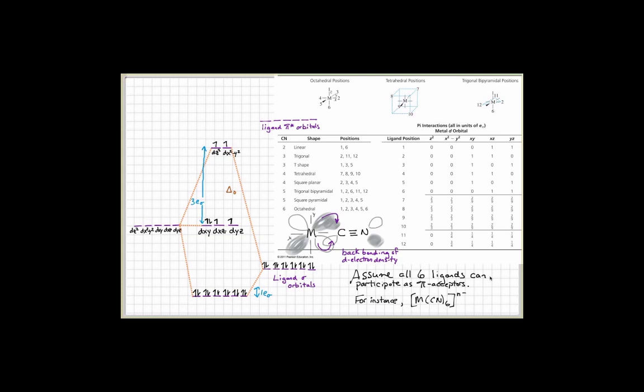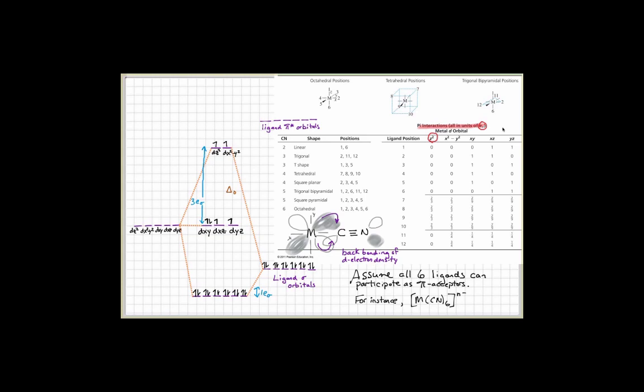If all 6 ligands can participate as pi acceptors, those pi interactions are going to have less overlap than the sigma interactions, and so they're given a different unit, E sub pi, and this is going to be smaller than the sigma interaction to take into account the smaller overlap of those orbitals.